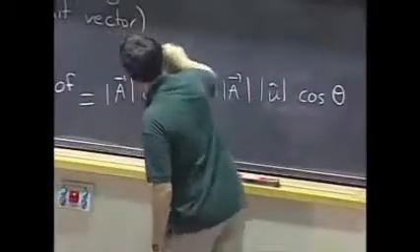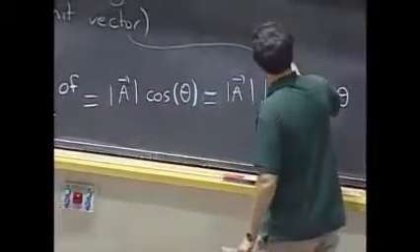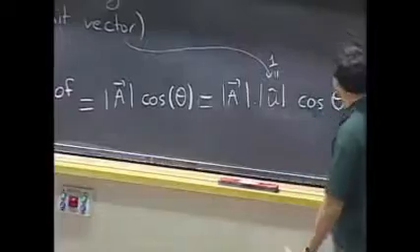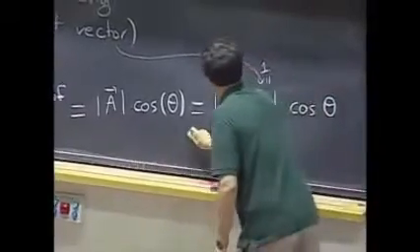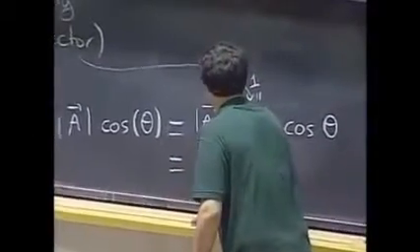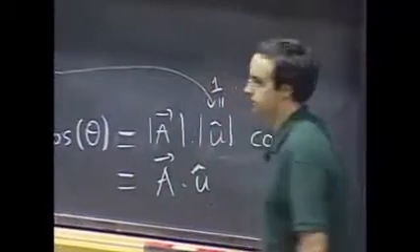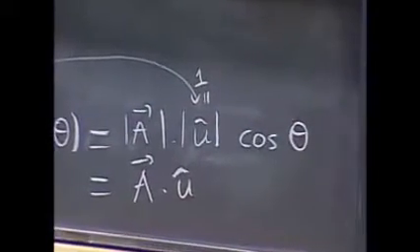It's a unit vector. That means this is equal to 1. And so that's the same as the dot product between A and U. Okay? So that's very easy.